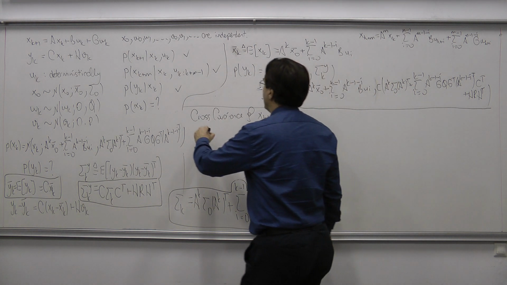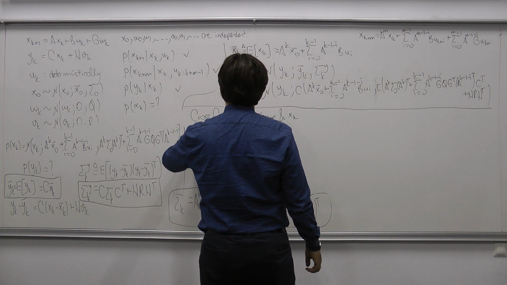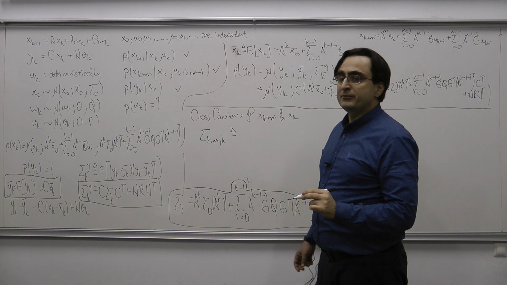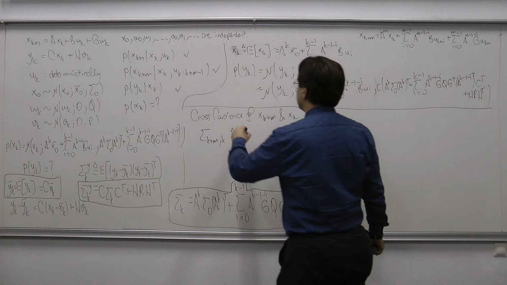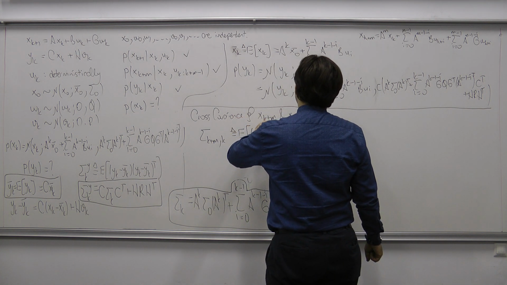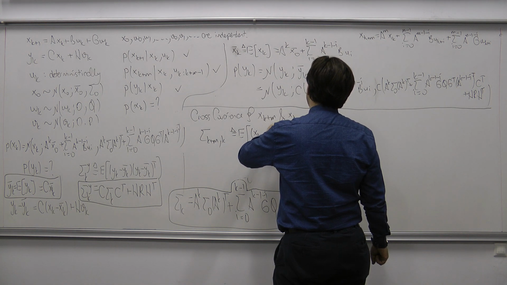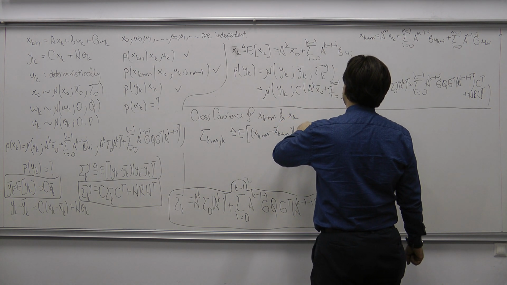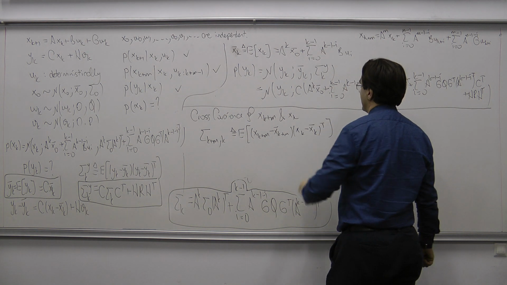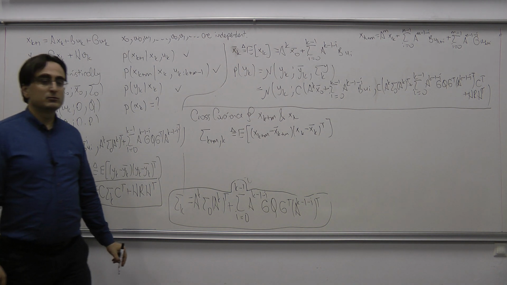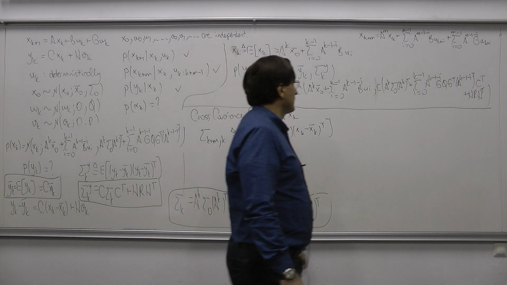So we are going to call this sigma (k+m, k). This is going to be defined as the cross covariance of these terms. Expected value of x(k+m) minus x(k+m) bar times xk minus xk bar transpose. This is the cross covariance that we would like to calculate.